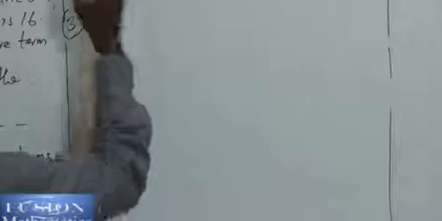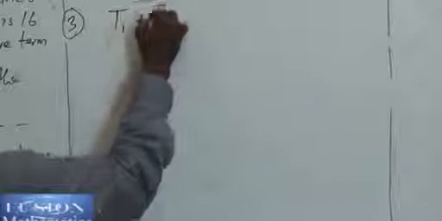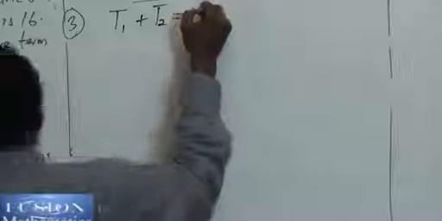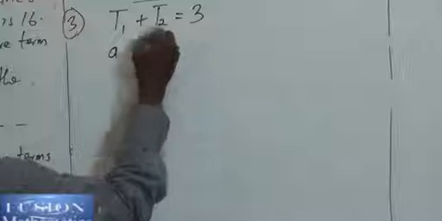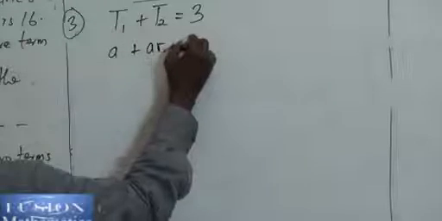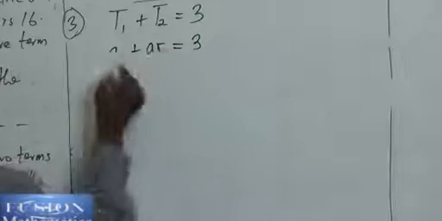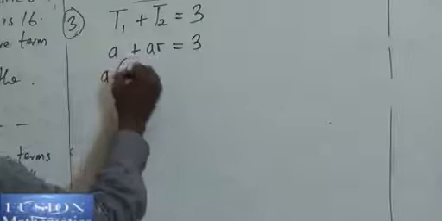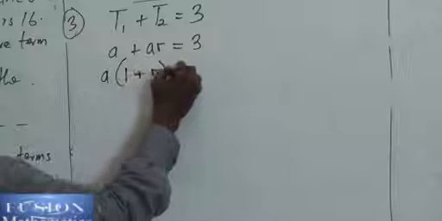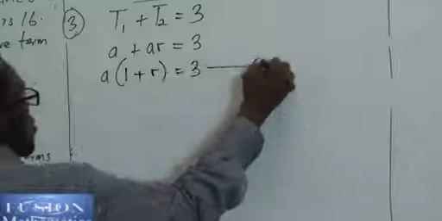So that will be first term plus second term equals, they said, 3. So let's represent it. This will be A plus AR for the second term equal to 3. Factorizing A, that is bringing it out, that will be A bracket 1 plus R equals 3. Equation 1.